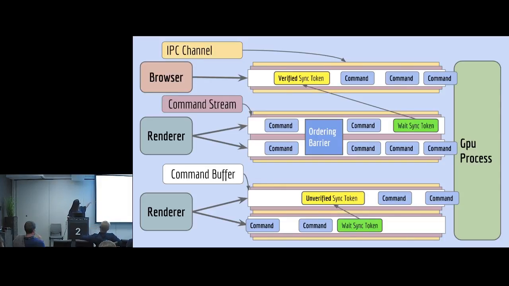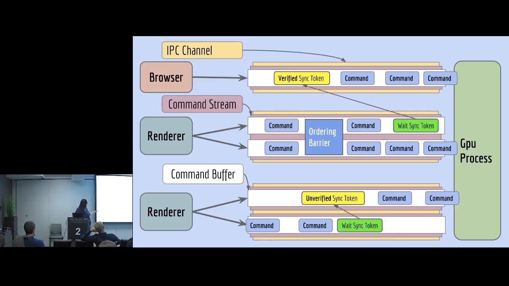But if you are spanning two command streams, you can use something they call an unverified sync token. The idea here is that the wait sync token won't be processed until the sync token has been signaled. So you know that when the sync token has been signaled, everything before it has already been processed.